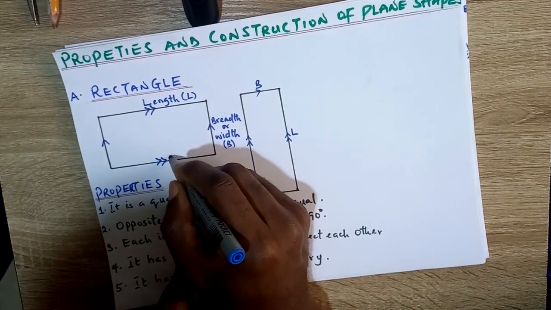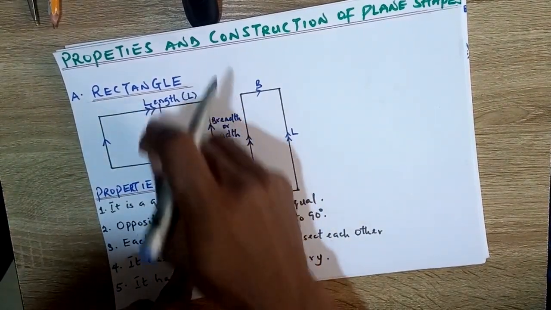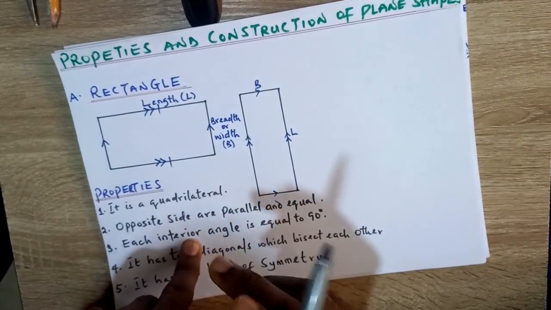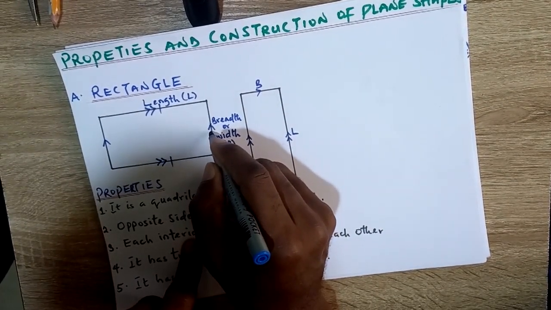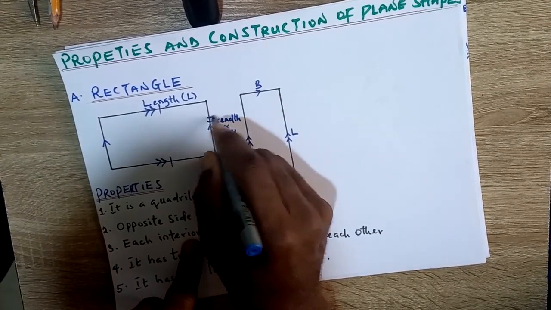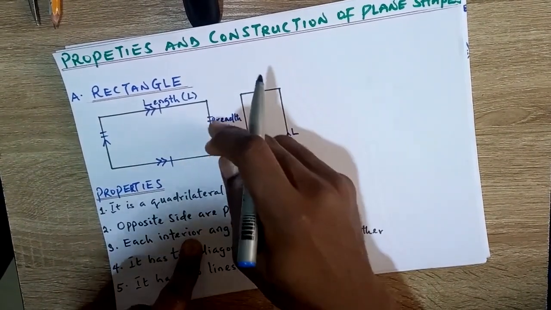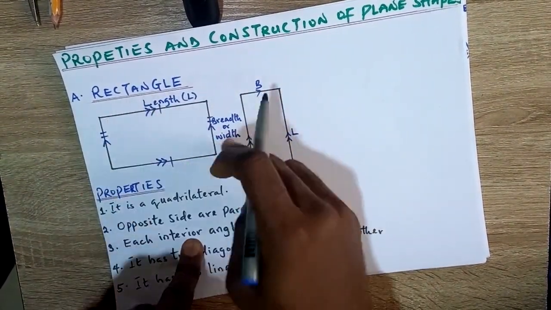If I decide to add a single stroke here and a single stroke here, this stroke signifies that these two sides are equal in length. And on the other side here, I can have two strokes. So if I have two strokes here and two strokes here, it means those sides with the same number of strokes are also equal.